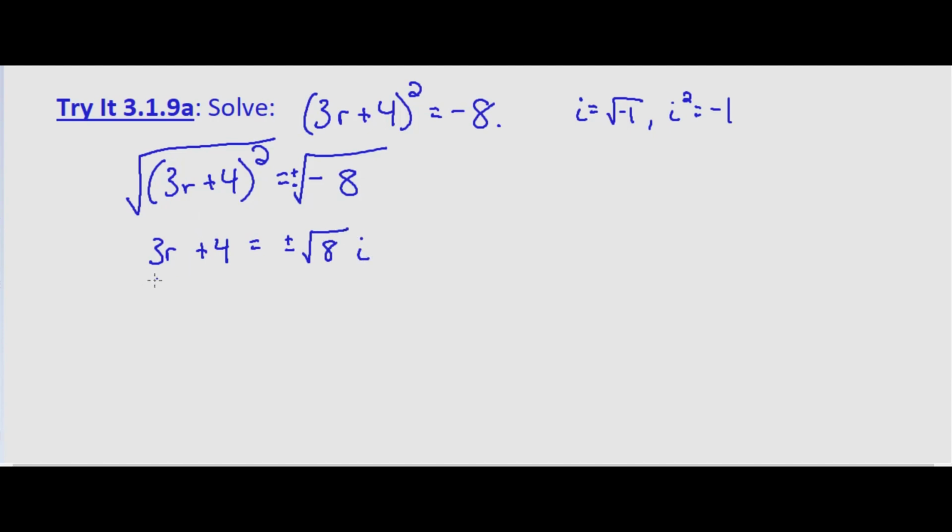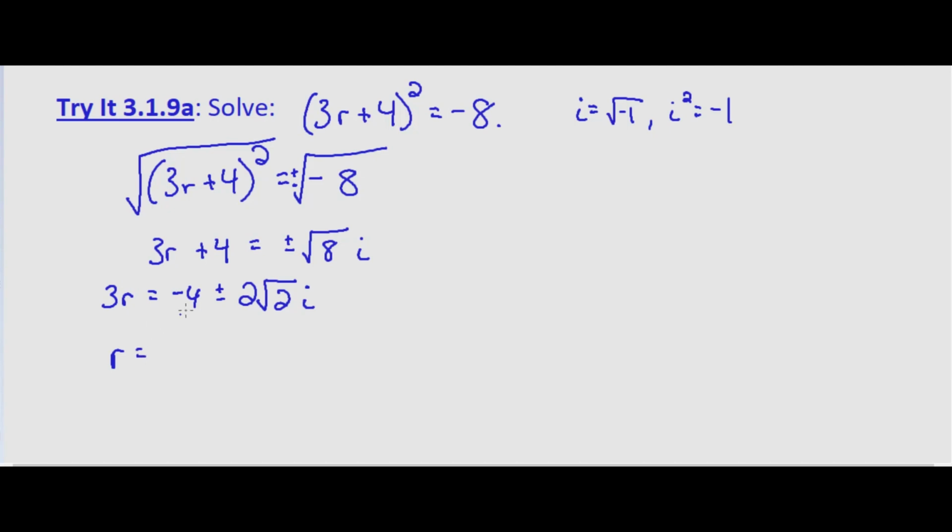times i. Subtracting 4 from both sides, we get 3r equals -4 plus or minus, let's go ahead and simplify this, the square root of 8 is 2 times the square root of 2. We still have i. Now the division property of equality: we'll divide both sides by 3.